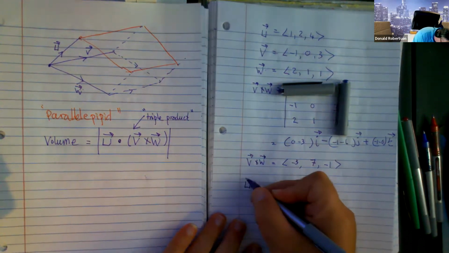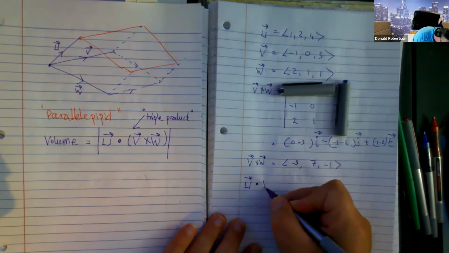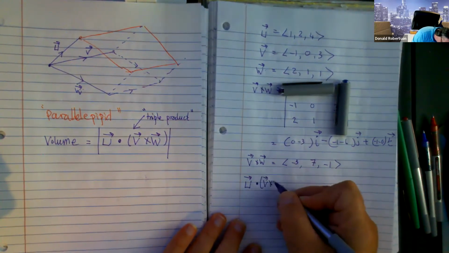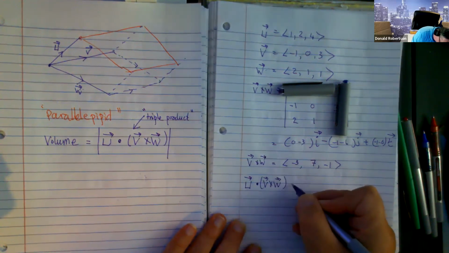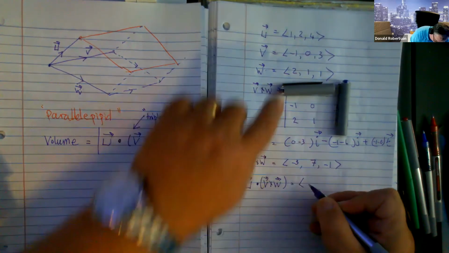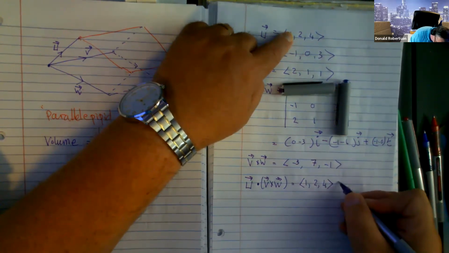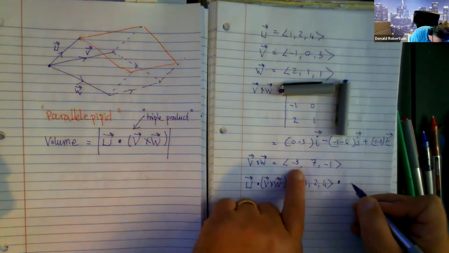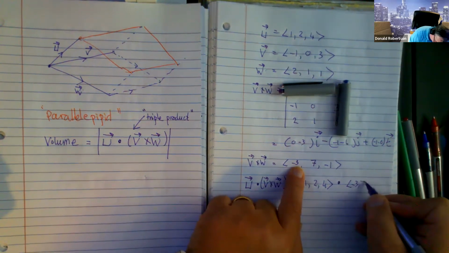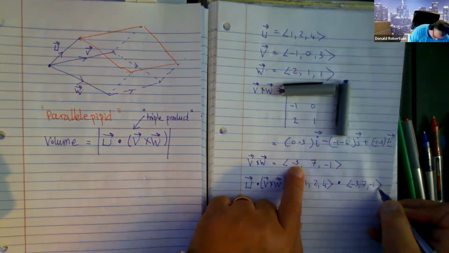Next thing we do is we do the dot product. And so the vector U is 1, 2, 4. Dot product with -3, 7, -1.